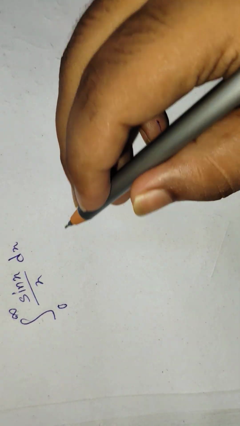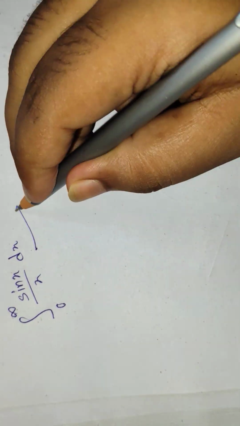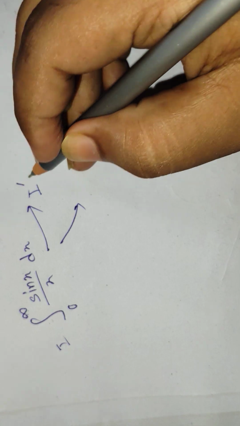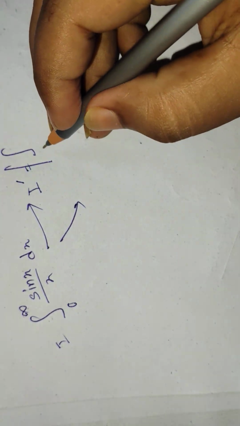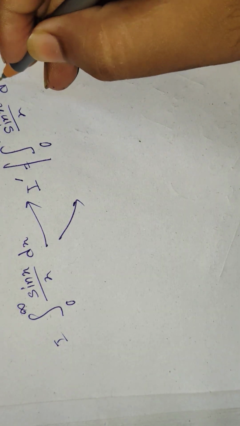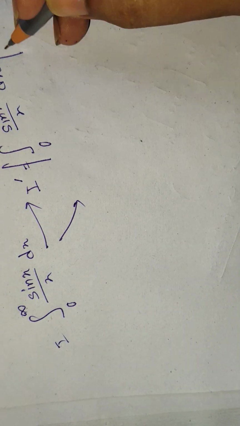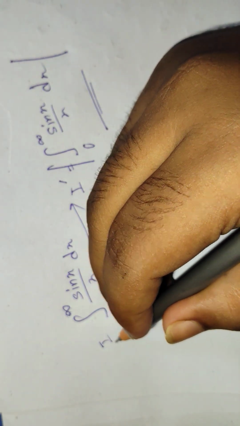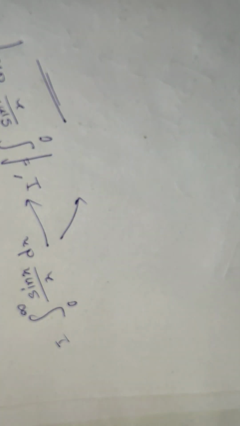Note it: let's say this is I, and I prime is the mod of the integral from 0 to infinity of sin x by x dx. If this converges, then I is absolutely converging.